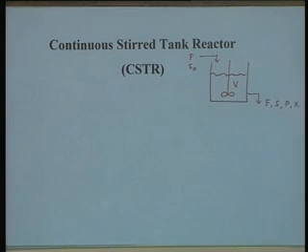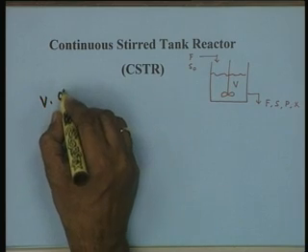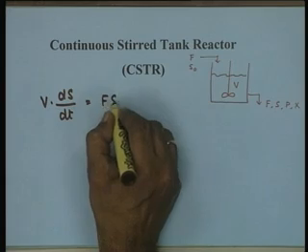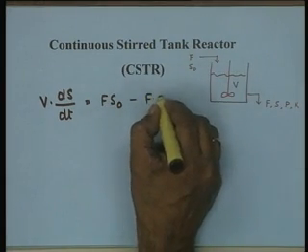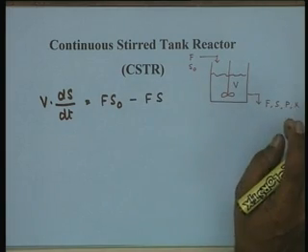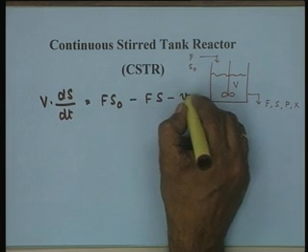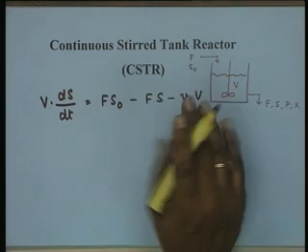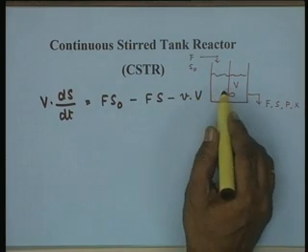Therefore, if you just write a material balance for such a reactor system, you can write accumulation as V into dS over dt equal to F into S0, which is the input, minus F into S, where S is the substrate concentration in the outlet, and minus V into v. Here v is the reaction velocity, that is the conversion due to reaction, and V is the reactor volume.